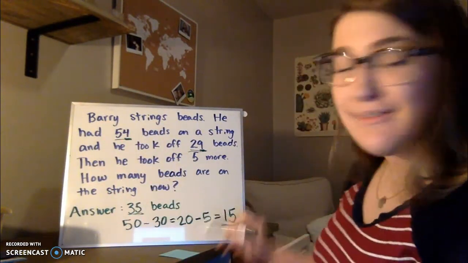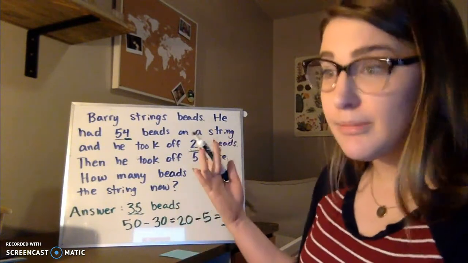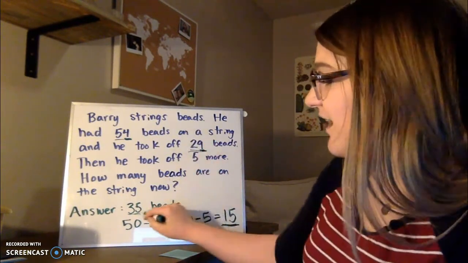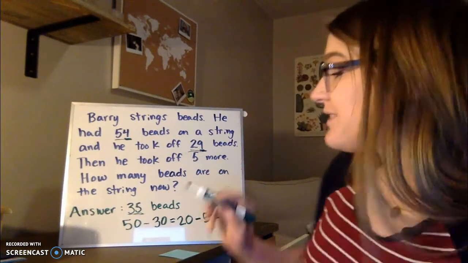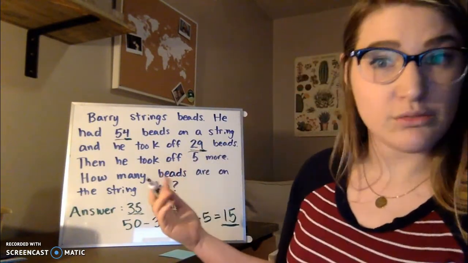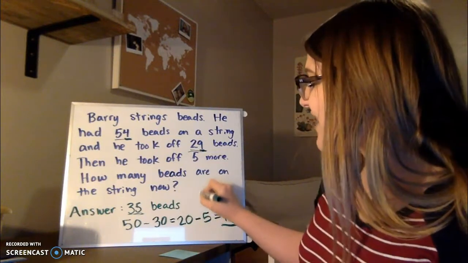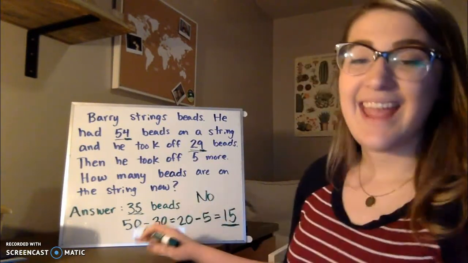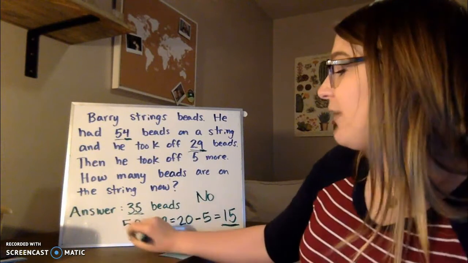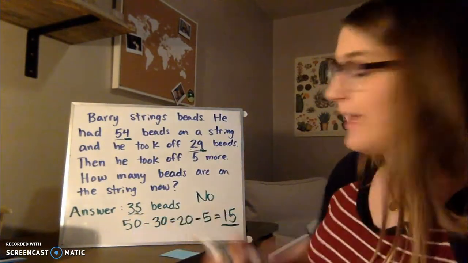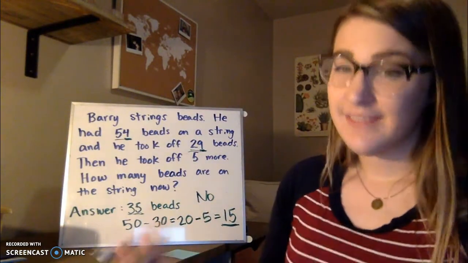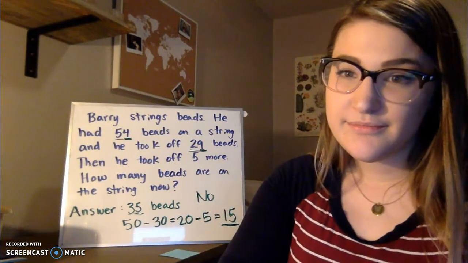But even if we rounded 15 up to 20, that's still not anywhere close to 35. So our answer to this question, if it's reasonable or not, we're going to say no. The answer is not reasonable, and we would justify it by showing our work here, by showing how we figured out that the answer was not reasonable.